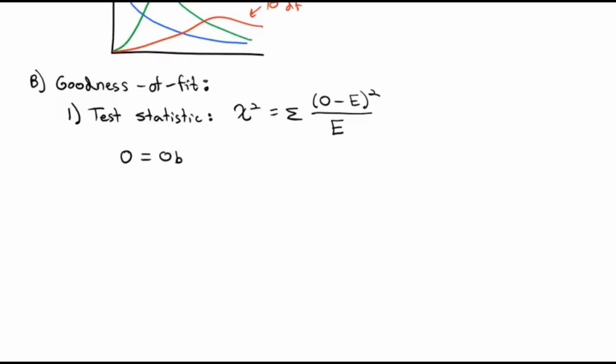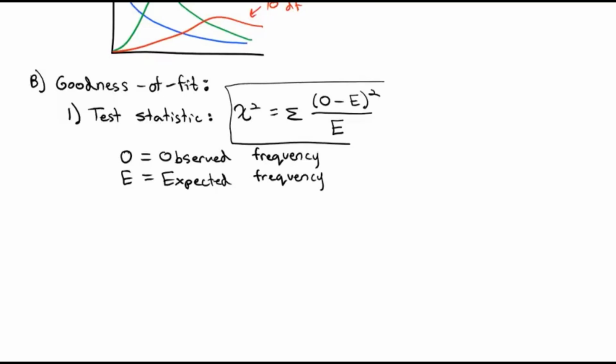O is the observed frequency, and E is the expected frequency. And this chi-squared value we're going to calculate by hand. It's not too bad, but it is one we should know how to do.